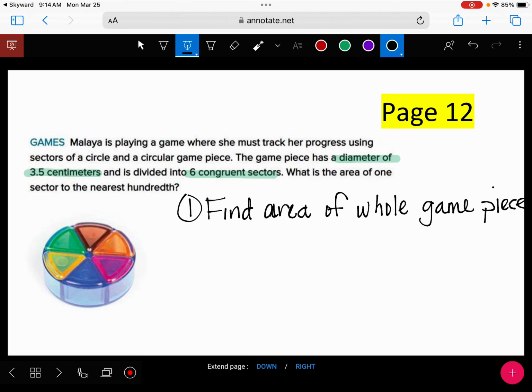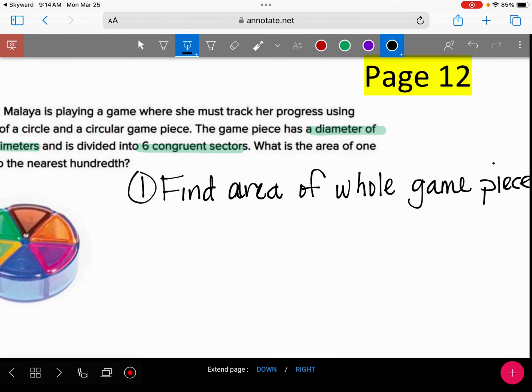Find the area of the whole game piece. And to find the area of a circle, area equals pi r squared. But they didn't give us the radius, they gave us the diameter. So radius equals diameter divided by 2.